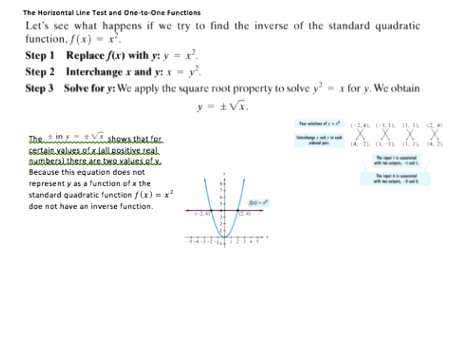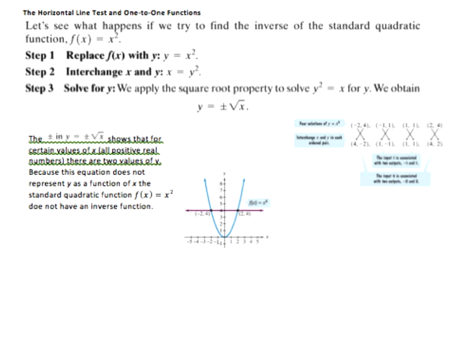Okay, the next thing that you encounter in this particular section is the idea of a one-to-one function. A one-to-one function is a function that only has one input for each output variable.